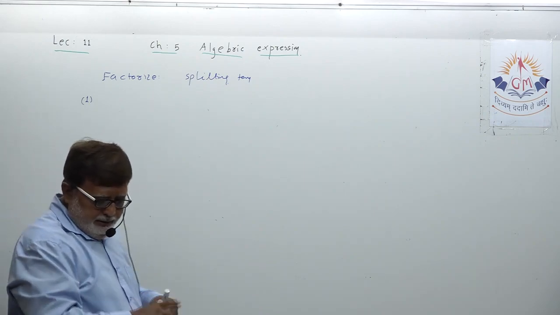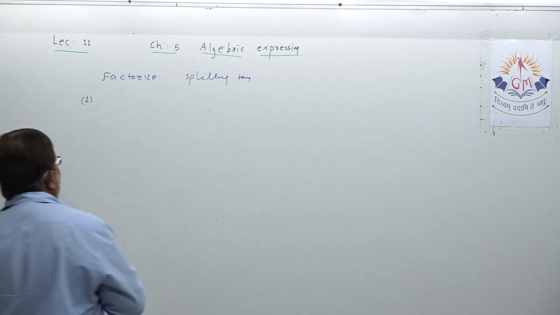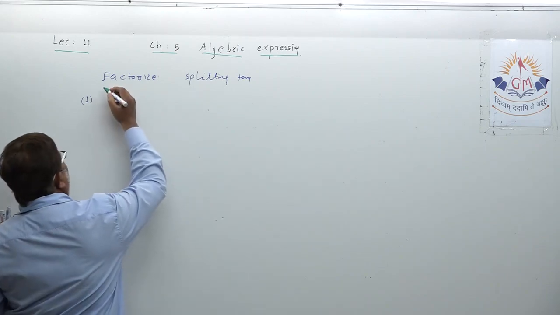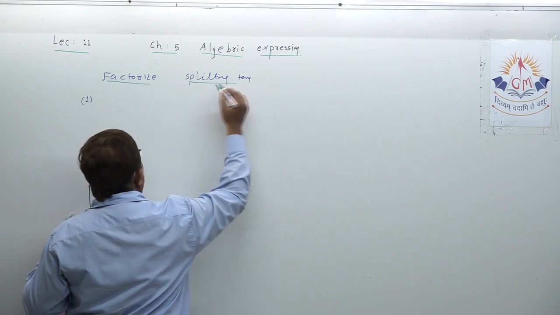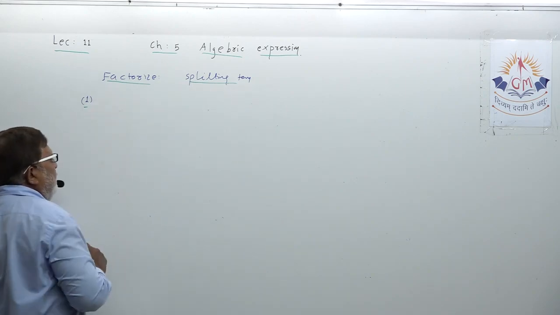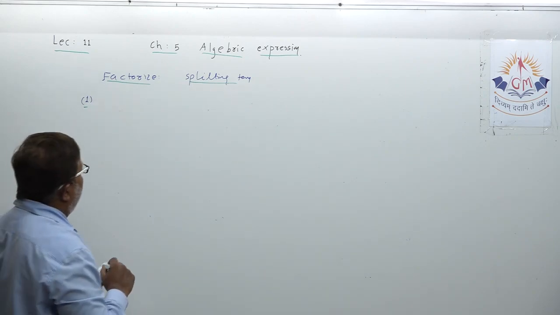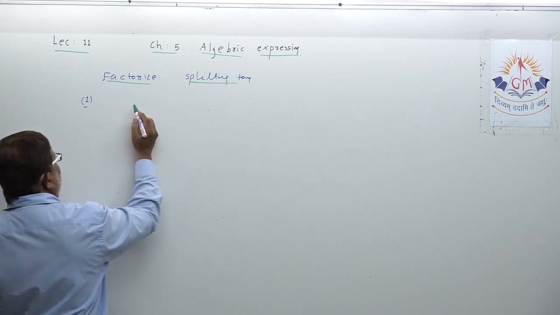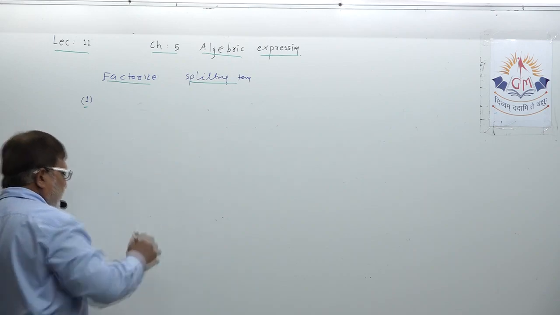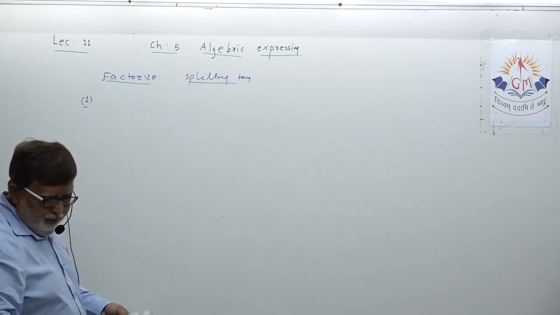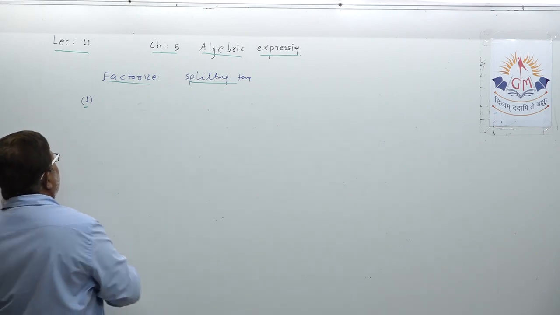Let me write one example here, and please make your basics very clear in this. Okay, suppose I give you this example, x square. This is the example for you.